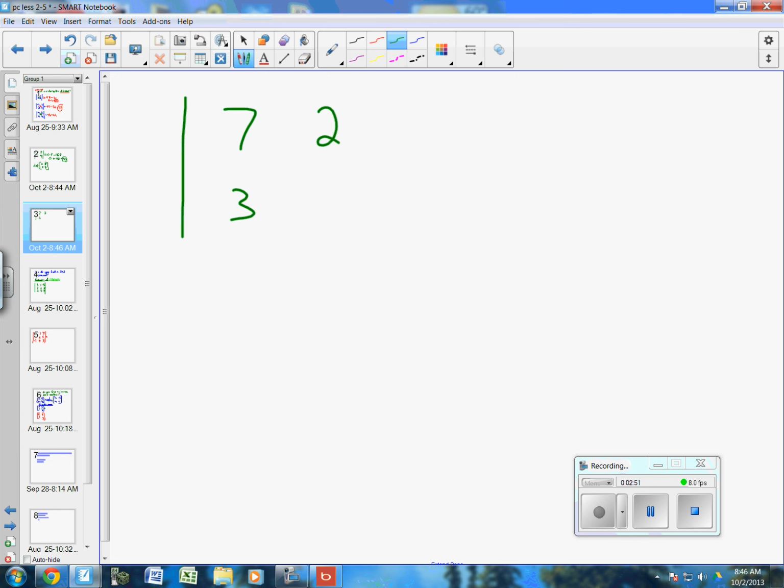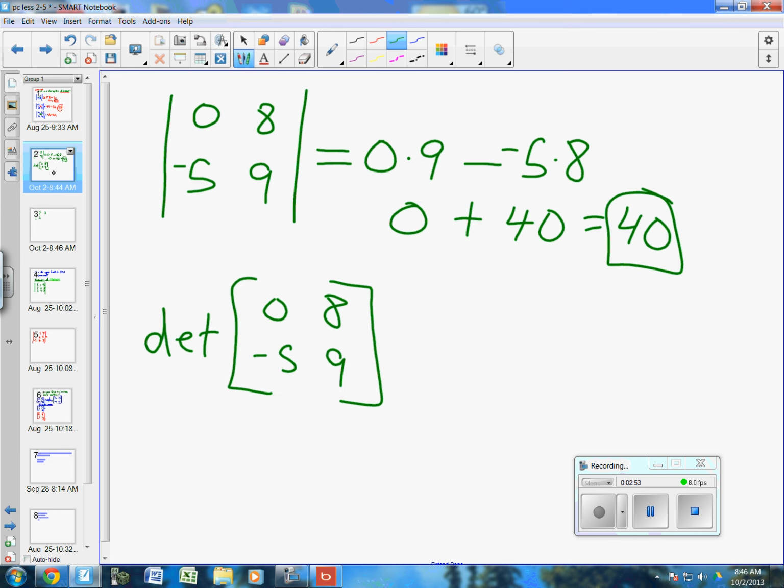Yeah, this means the same thing right here. If I put vertical lines around this square array of numbers, it means find the determinant. Or you can write it DET with the brackets around it. It means the same thing. Any questions on that? So on your test, I'm going to put vertical lines around it, or I'm going to do this, and you have to know what that's asking you to do, because I'm not going to write above it, find the determinant.